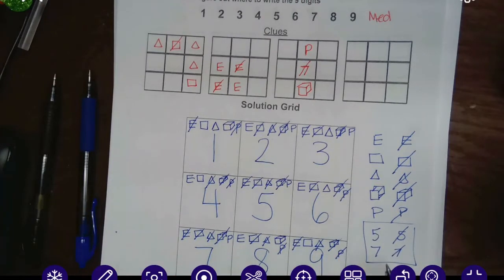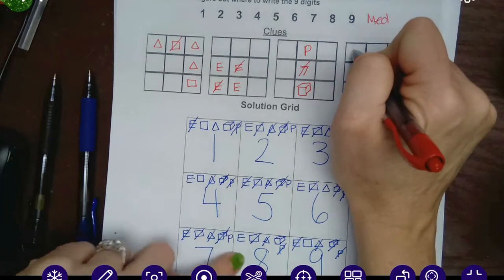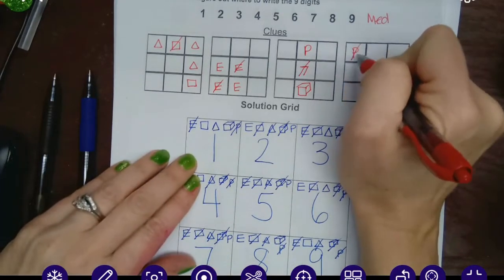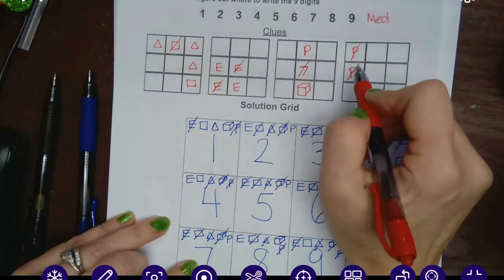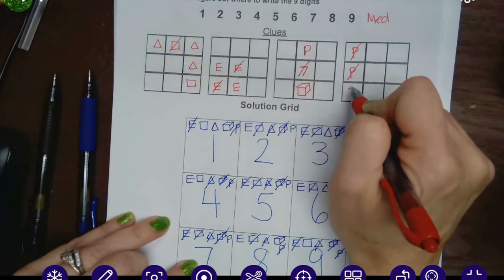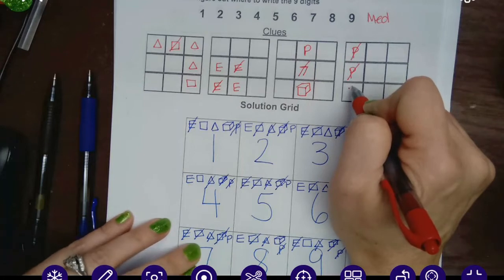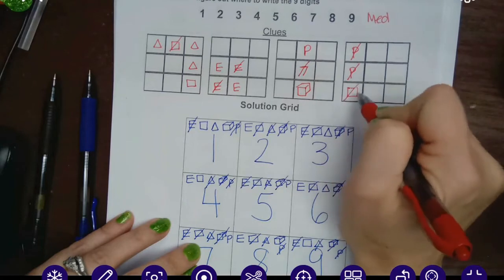And I'd like to go with one more. I think I'd like some sort of an L-shaped puzzle. I'm going to go with this right here. So I'm going to say a not prime, a not prime. I've already given that an odd, so prime doesn't really help. So I'll go with a not square.